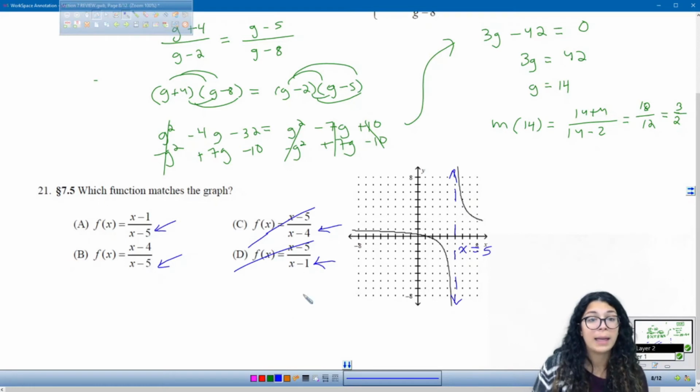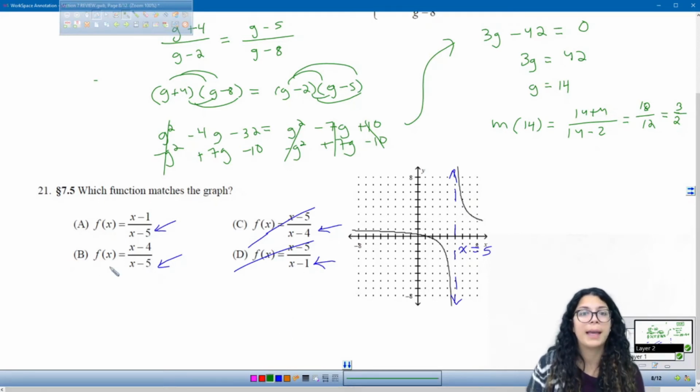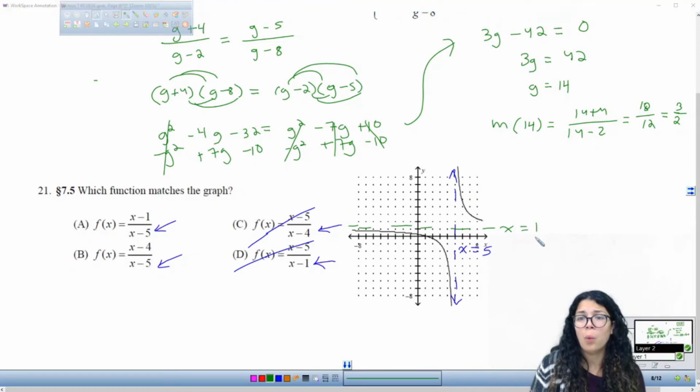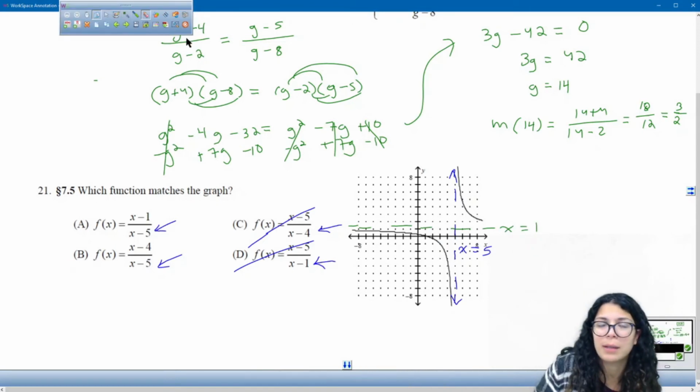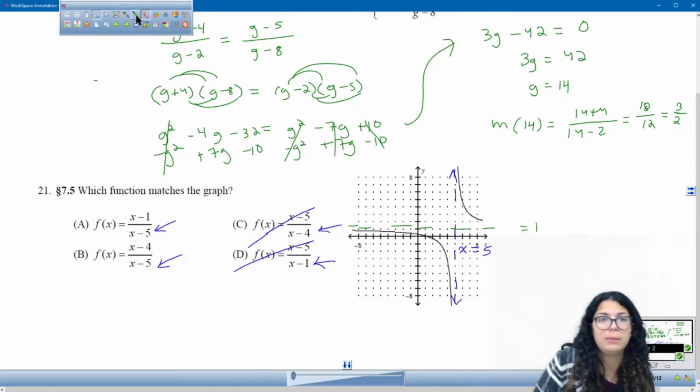Now let's try to cancel out more options by looking at the horizontal asymptote. The horizontal asymptote is a horizontal line, so it would be the line y equals 1.